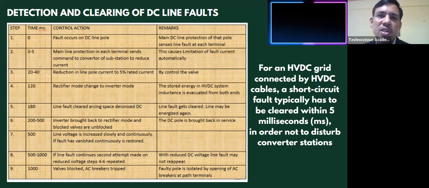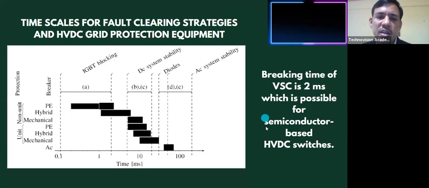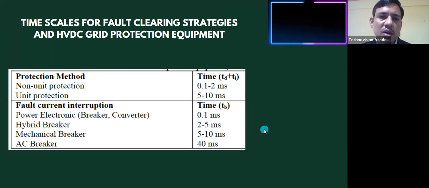But whenever a DC breaker is used for the VSC HVDC, that fault can be cleared in very little time. So these are some of the time scales, showing within how much time the fault should get cleared with the different types of equipment.